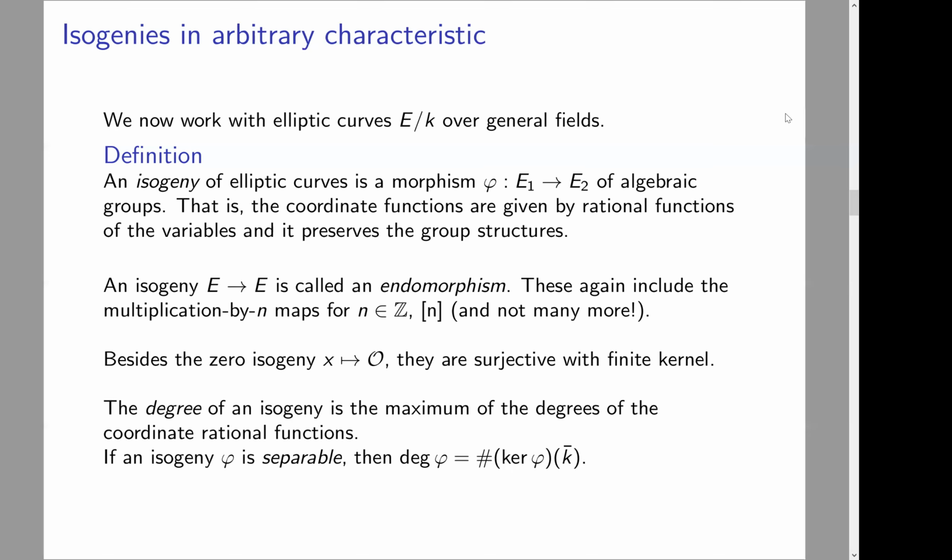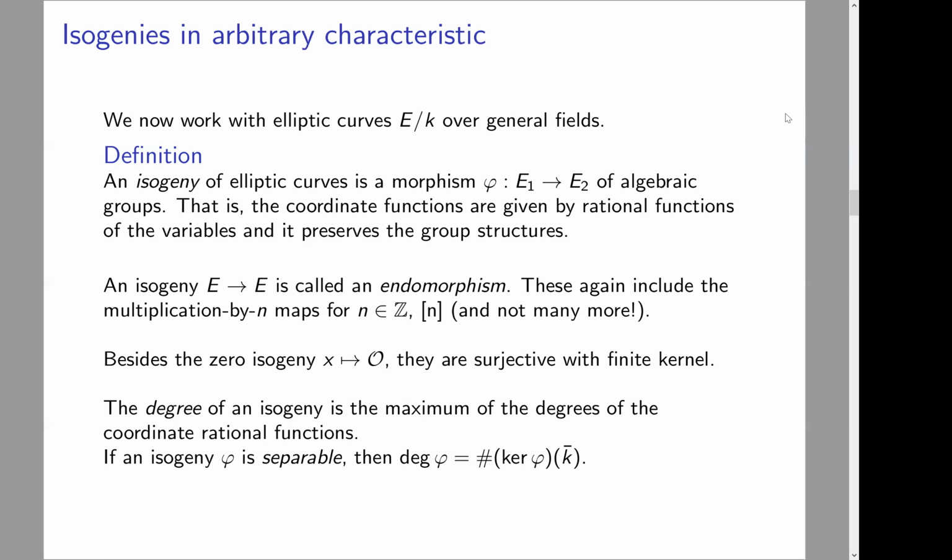Now, this might sound very restrictive, and it certainly is, but remarkably, elliptic curves are so rigid that you can get something being an isogeny much more easily than this. It turns out if you have a map of elliptic curves that is a map of varieties, an algebraic map, that also sends the origin point of one to the origin of the other, then that immediately is forced to preserve the group structures.